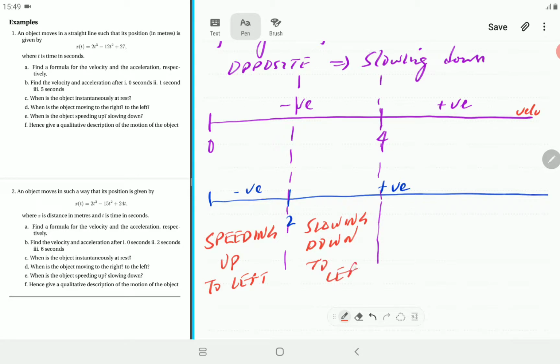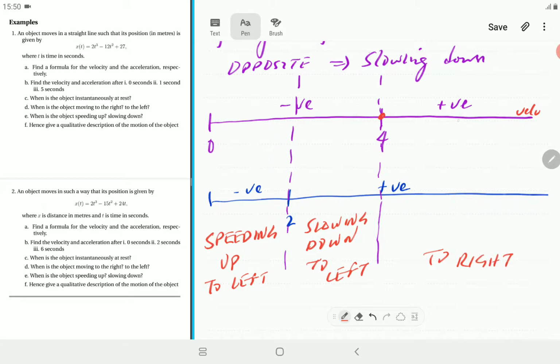Then at 4 seconds, it changes direction because the velocity is now positive. So it's now going to the right.